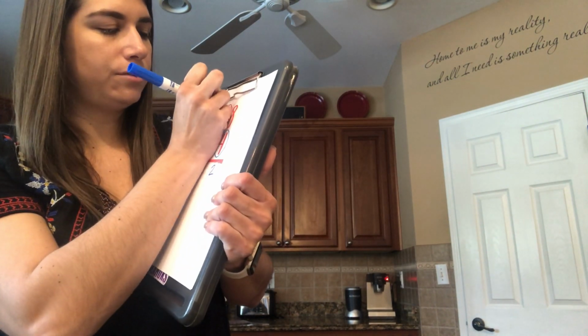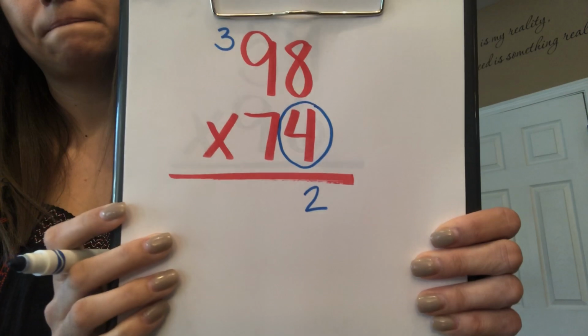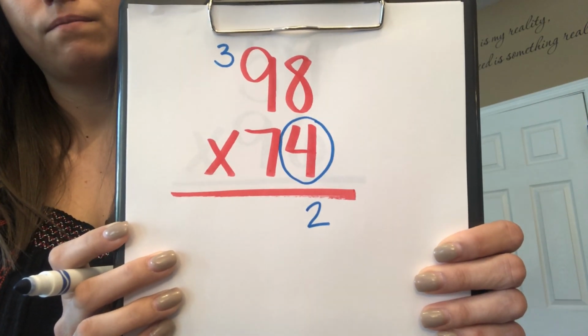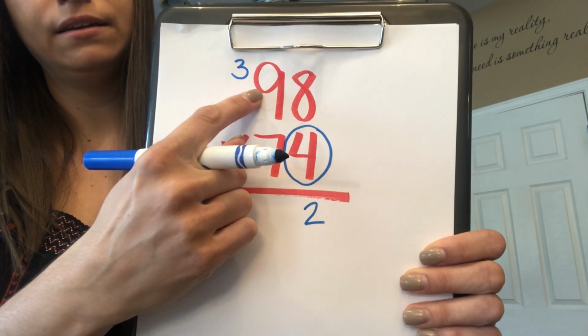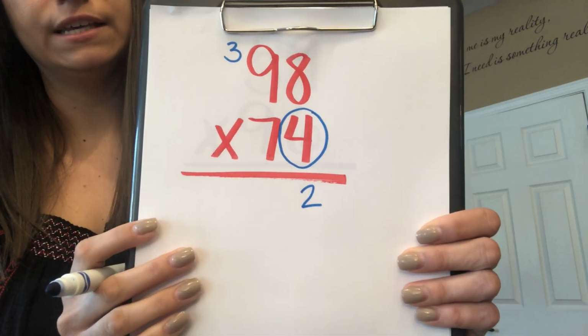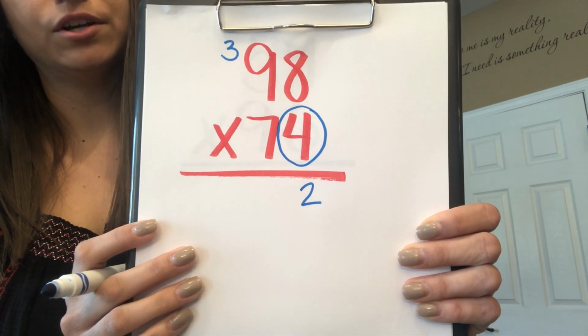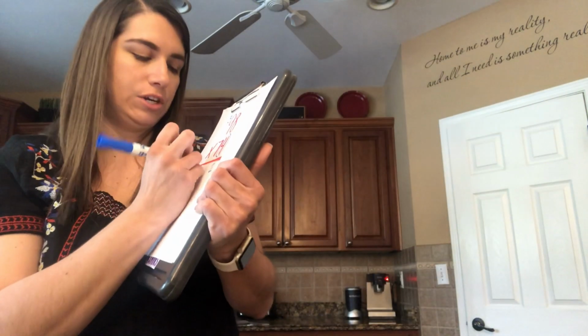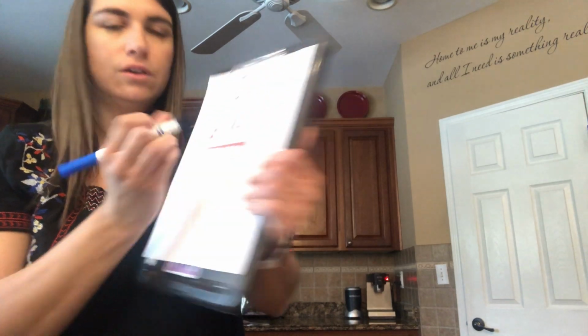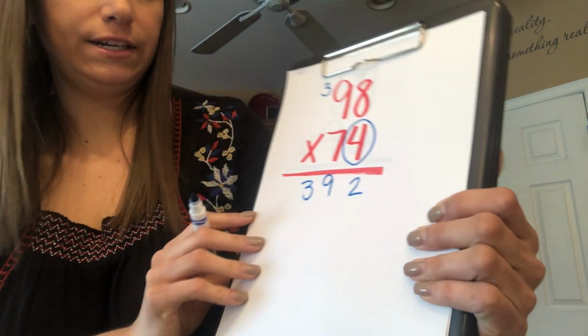And I carry my 3. Then I'm going to do 4 times 9, which is 36. And 36 plus 3 is 39. So I'm gonna write 39 right here. So right now I have 392.